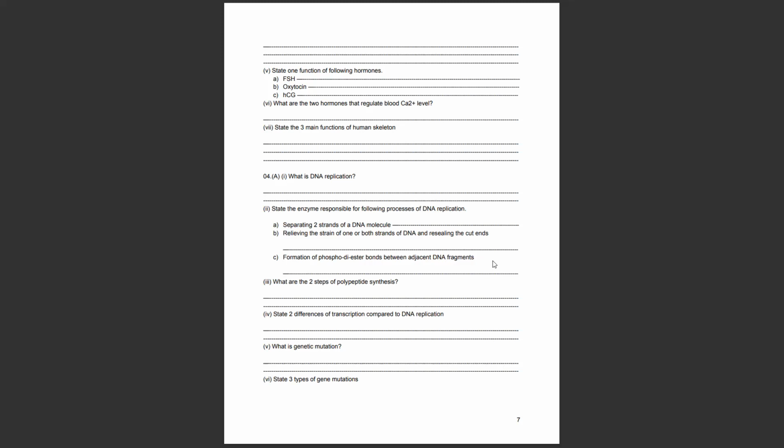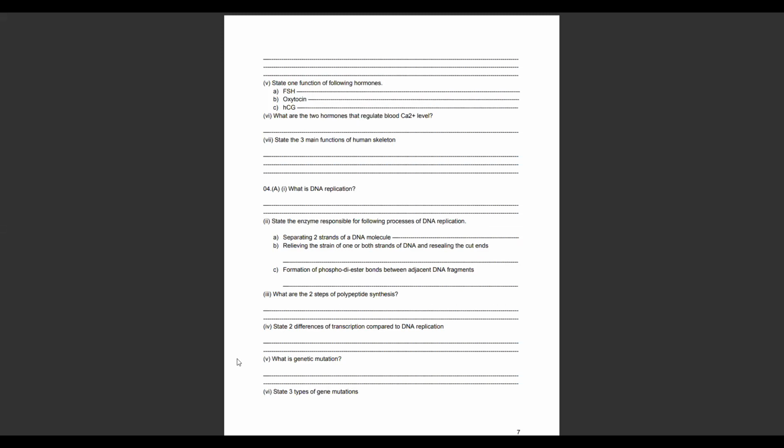Then, Roman number 6. State 3 types of gene mutations. Substitution, insertion and deletion. 3 marks.